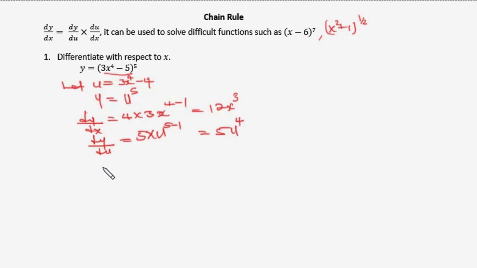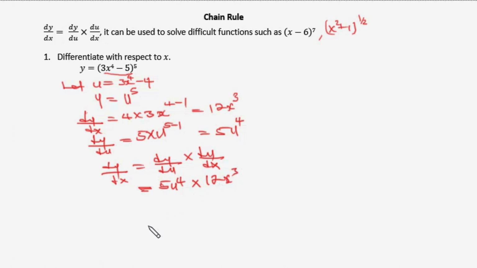Now we apply the formula, which is dy/dx equals dy/du times du/dx. So let's substitute our values. We have dy/du is 5u raised to the power 4 times 12x cubed.